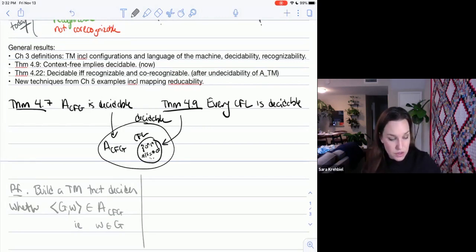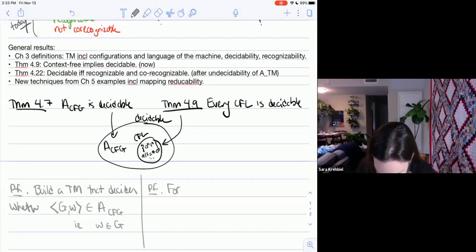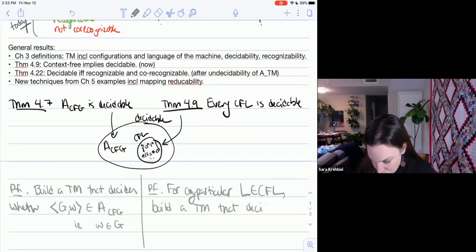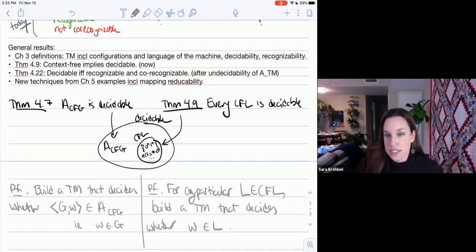Now, in contrast, the proof of theorem 4.9 should say, for any particular language L that is a context-free language, show how to build a Turing machine that decides whether W is in the language.